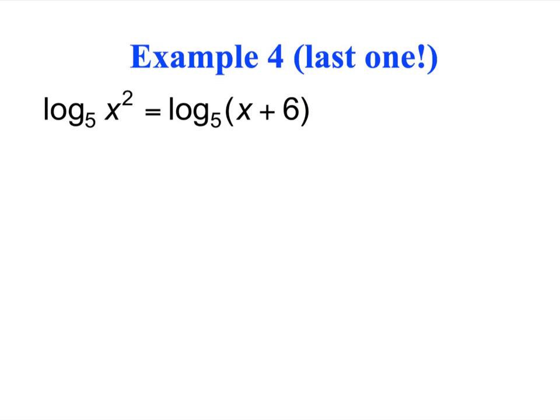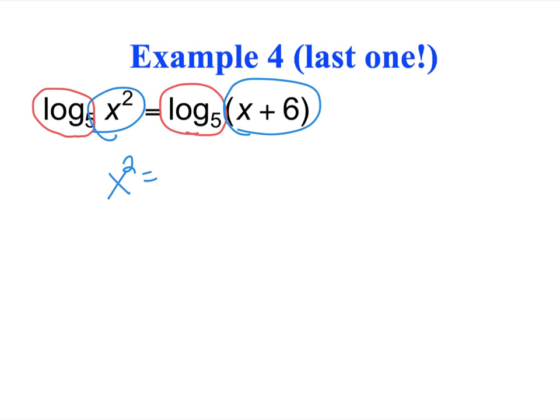Example 4, we've got that same thing. Log 5 of something equals log 5 of something. So I can say my two somethings that I have circled in blue there are equal to each other because they're both log base 5. This is a lot the same as the other one. I want to write it in standard form for a quadratic.